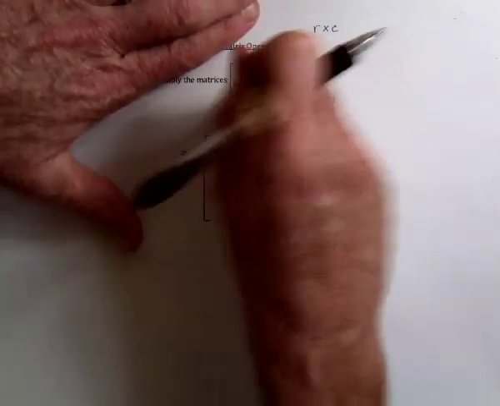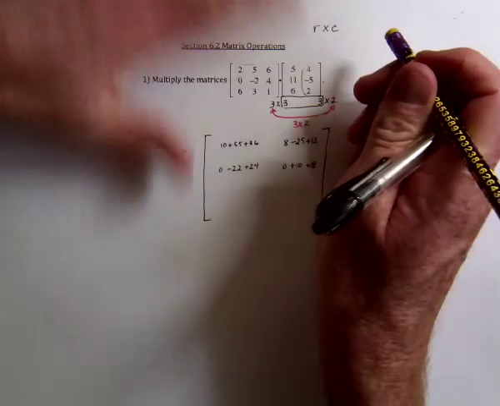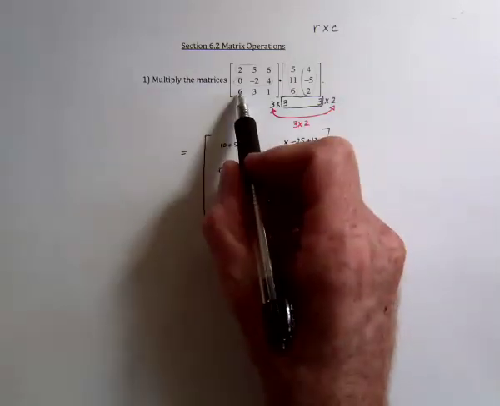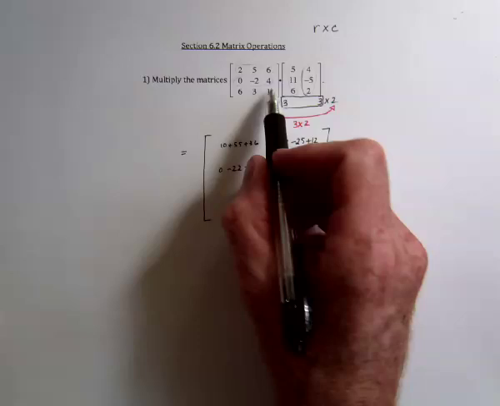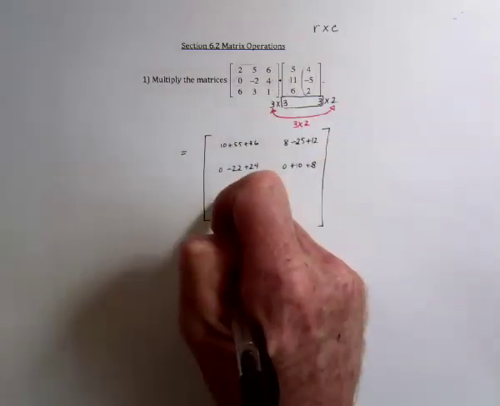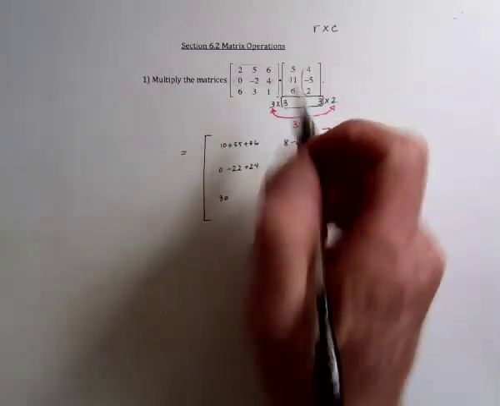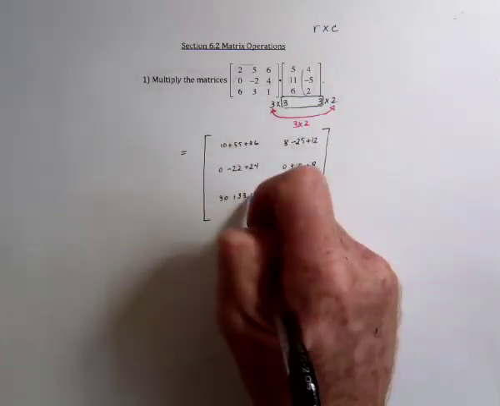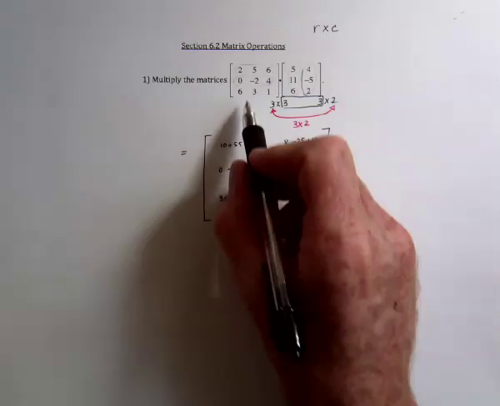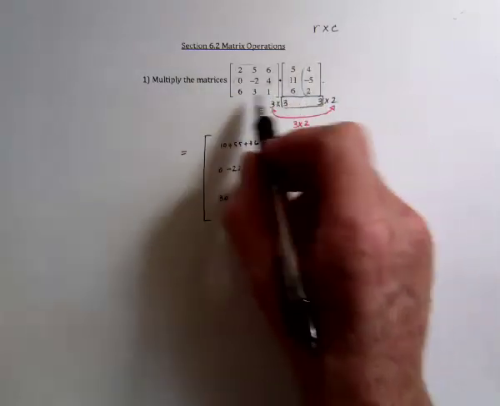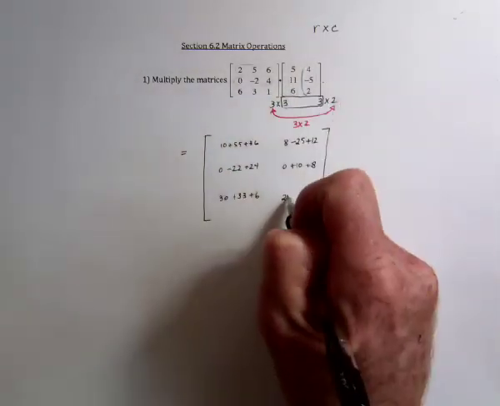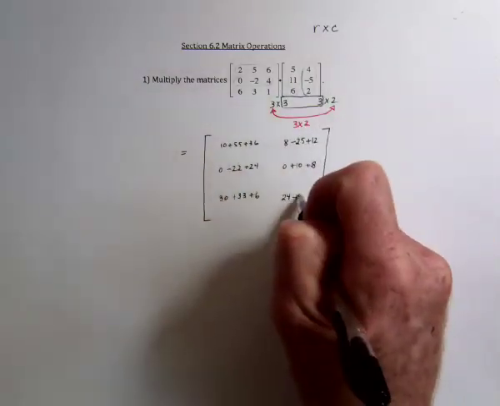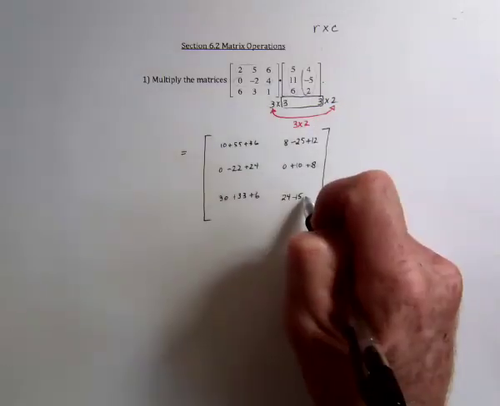And then finally, use the bottom row. And so for the bottom row in this column, it's going to be 30, and then 3 times 11 is 33, and 1 times 6. And finally, it's the last row times the last column, so 24, and negative 15, and a 2.